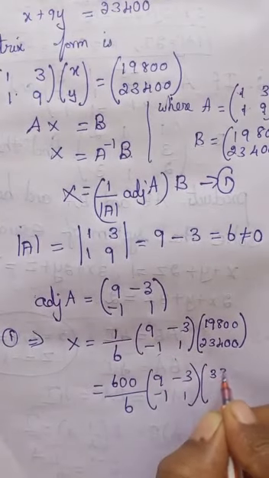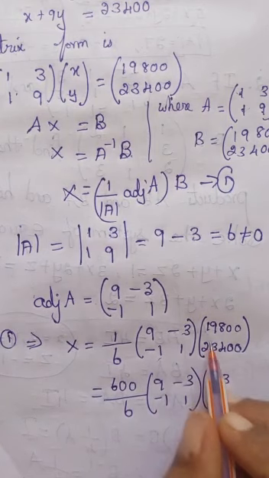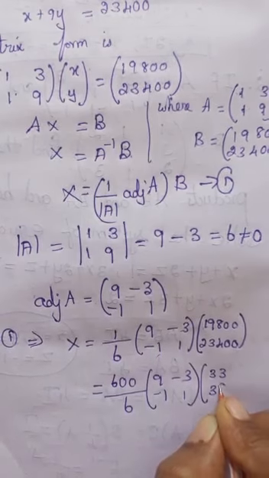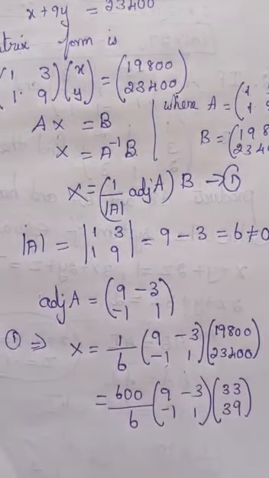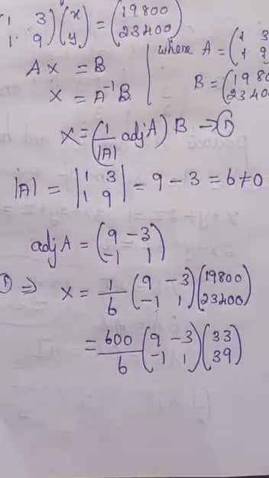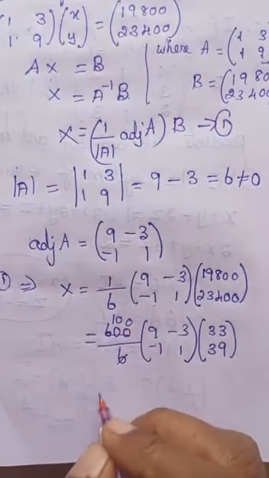Here we may get 33, here 2, 0. When we divide by 6, 234 gives 39. So to make it a simple number, we have taken 600 commonly outside.